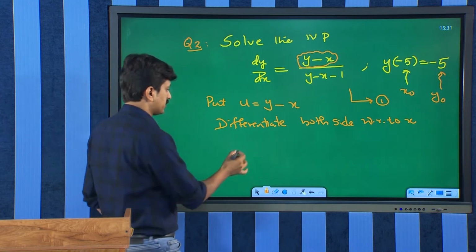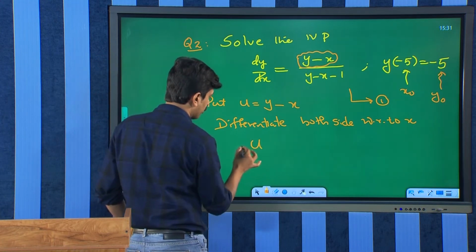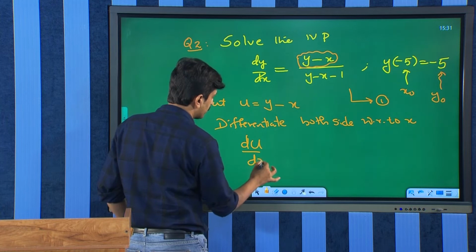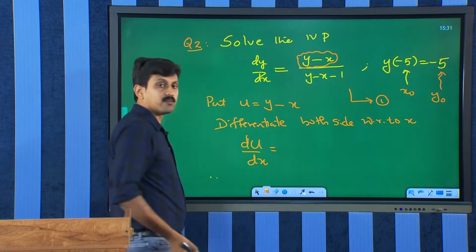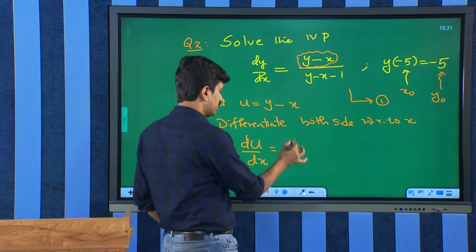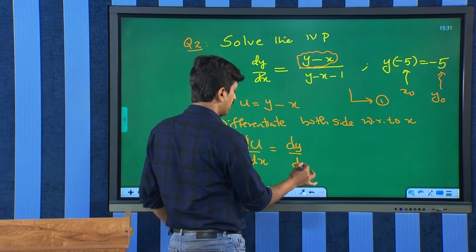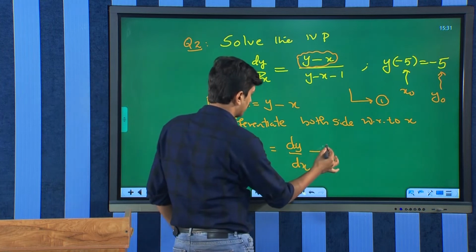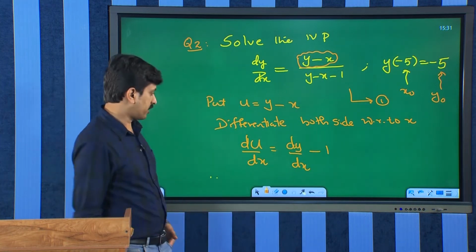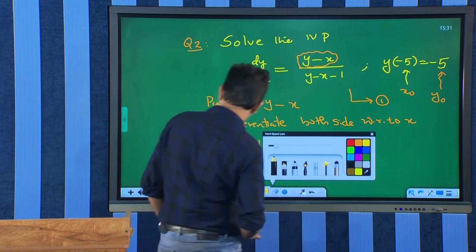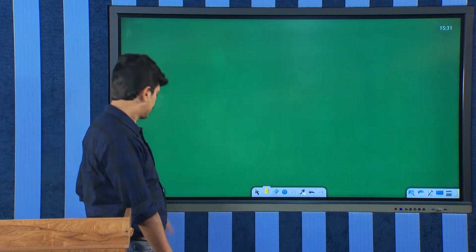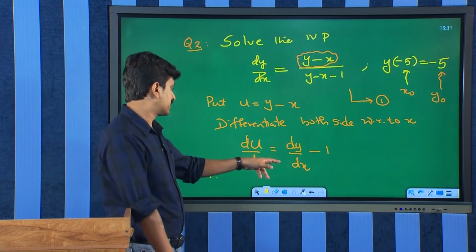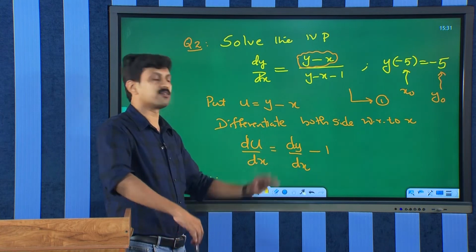Now, differentiating, u dash or du by dx is equal to dy by dx minus 1. From here we have the value of dy by dx: du by dx plus 1 is equal to dy by dx.